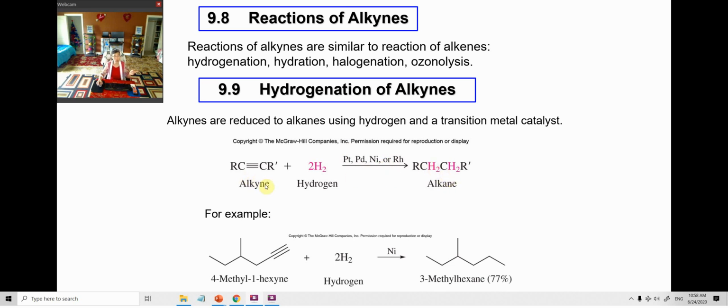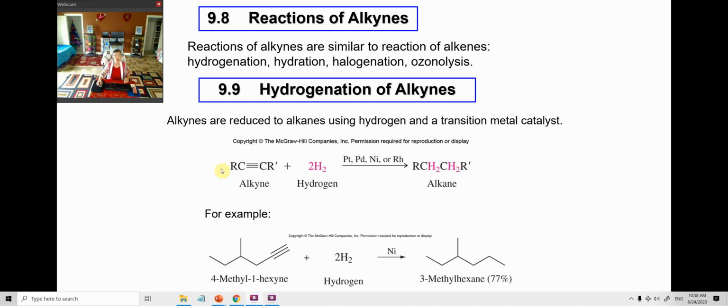You are going to convert alkyne to alkane or alkene, depending on the catalyst. The second type of reaction is called hydration reaction. Your alkyne reacts with water, so you are going to produce a compound called enol. Enol is not a stable isomer, so you are going to learn something called enol-keto tautomerization.